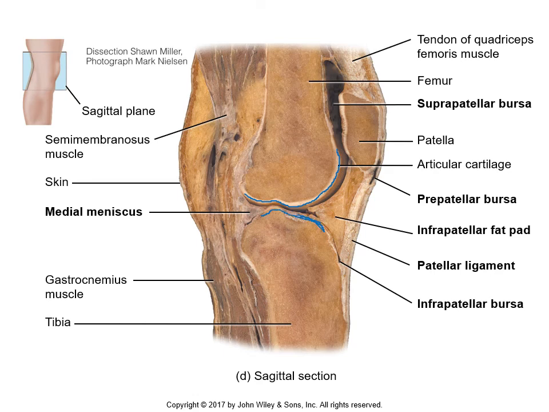You can see cartilage on the posterior side of the patella, and that makes sense. As I bend, extend, and flex the knee, the patella has to glide over top of this end of the femur, so there has to be articular cartilage there to prevent any sort of irritation, inflammation, etc.